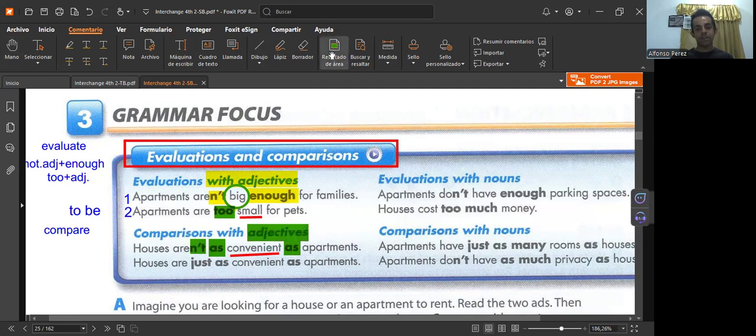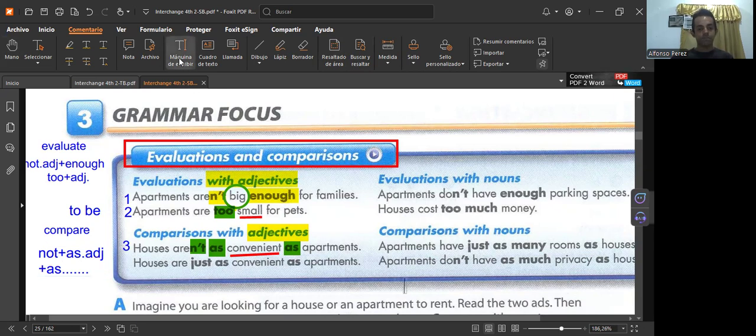So in number 3, we're using not, as plus the adjective plus as. So we say not as. And we always use the verb be.